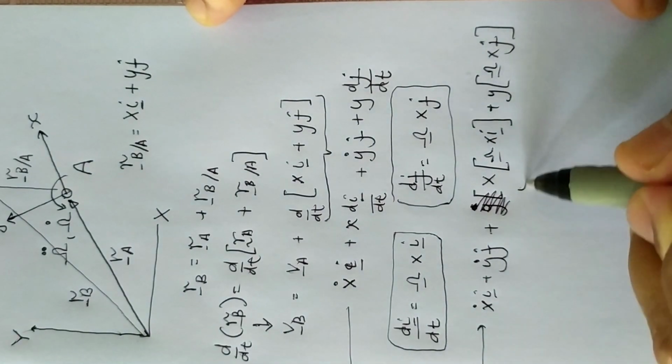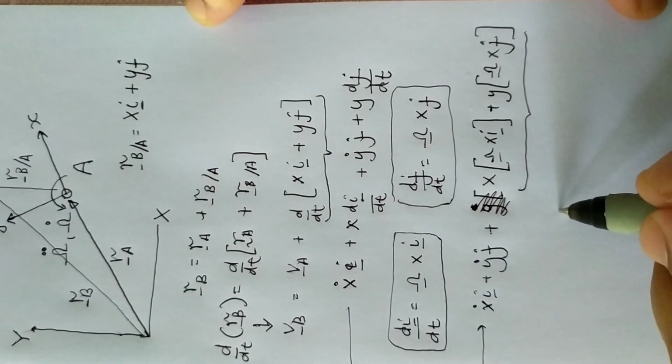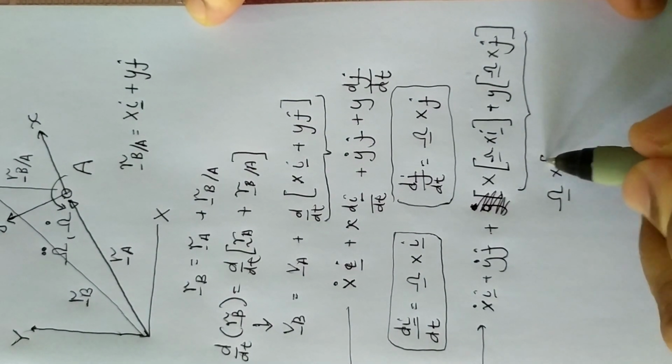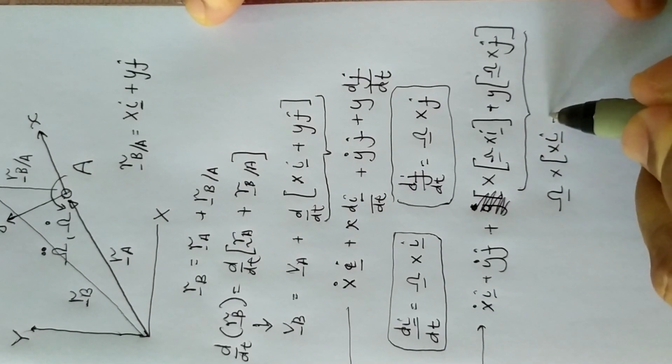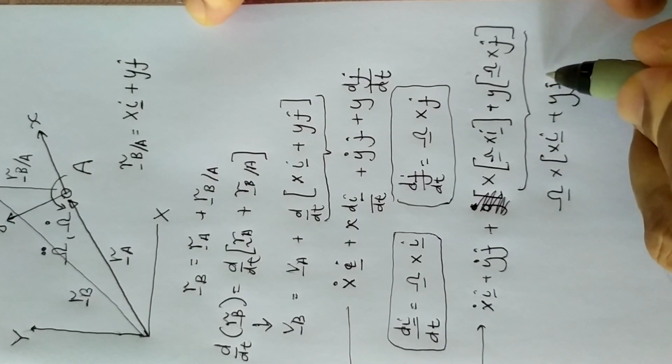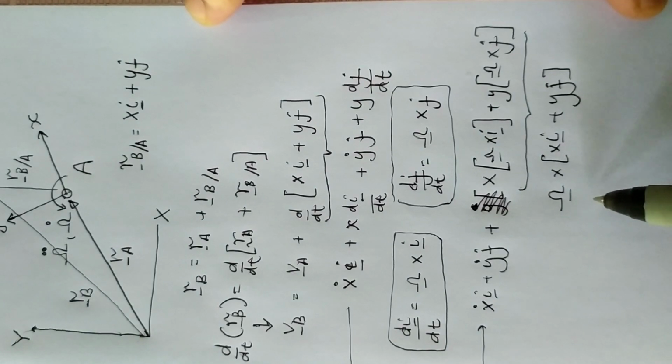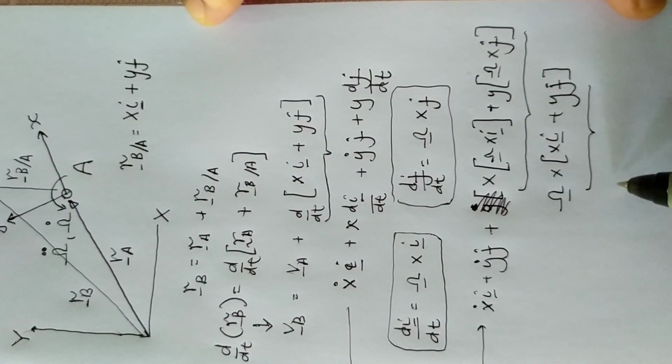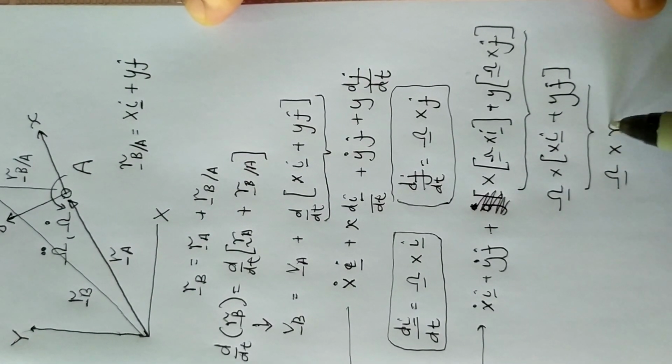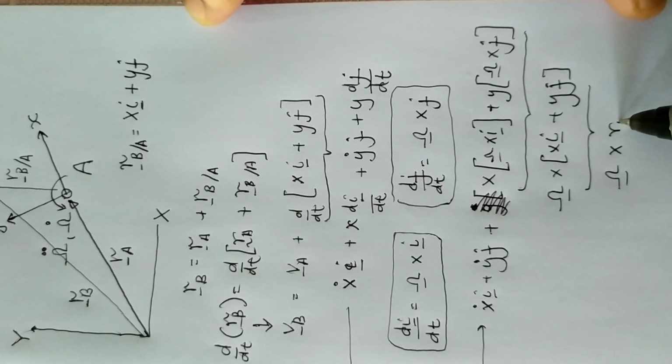And we can rewrite this again as omega cross xi plus yj, and simplify it to omega cross position vector B relative to A.